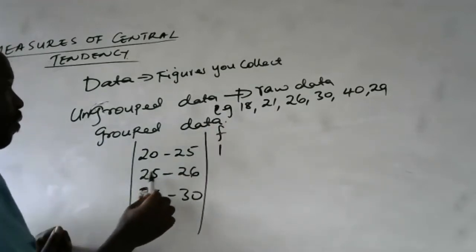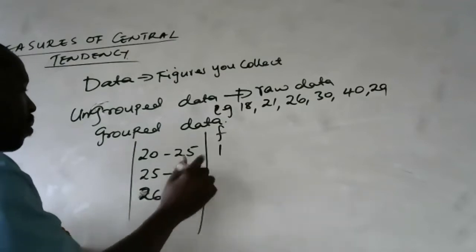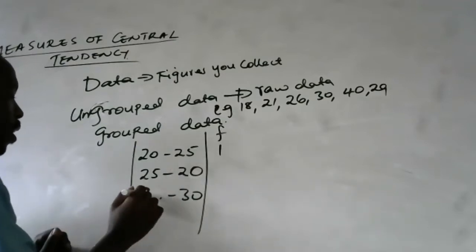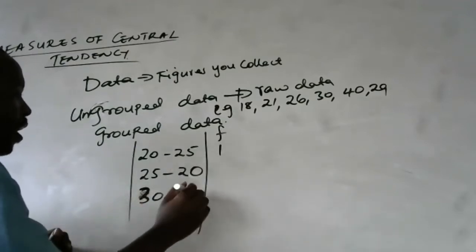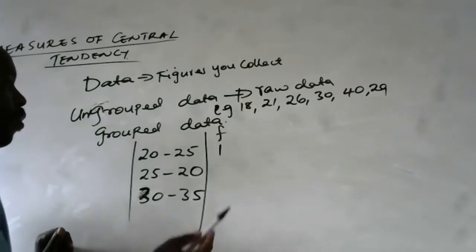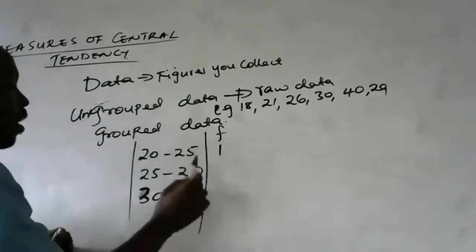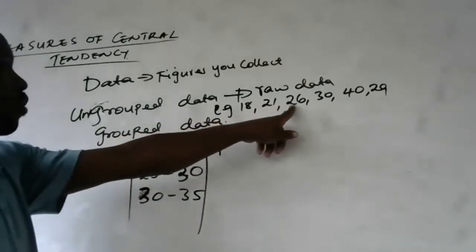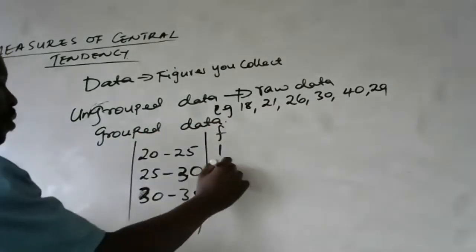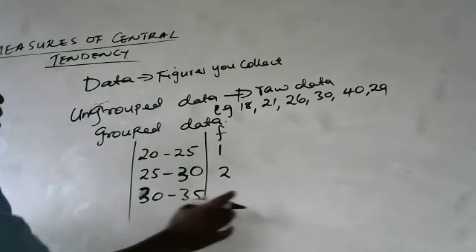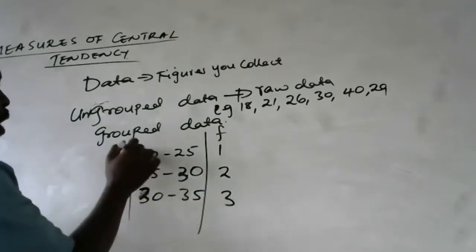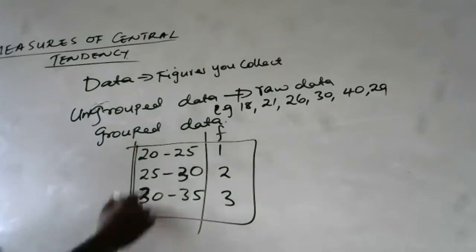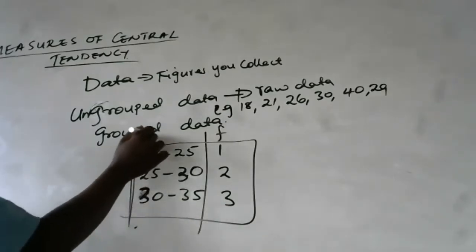Those who are between 26 and 30, we actually have this and this one. Maybe you say there are 2, maybe you find there are 3. When you organize your data in this way, it is said to be grouped.